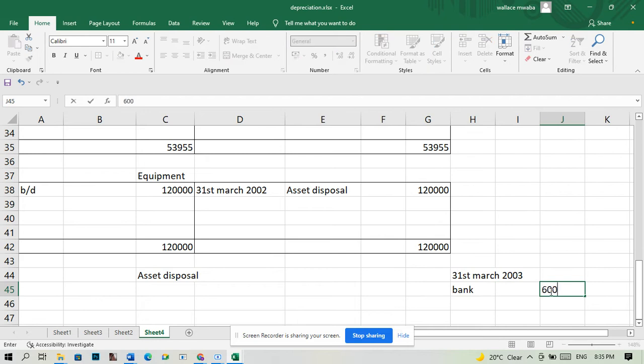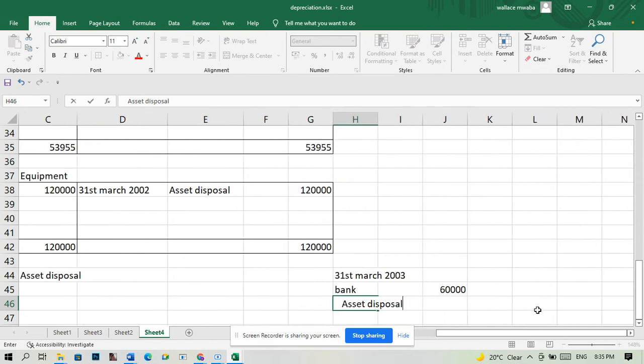So debit bank 60,000, and we're going to credit asset disposal 60,000. Debit and credit.